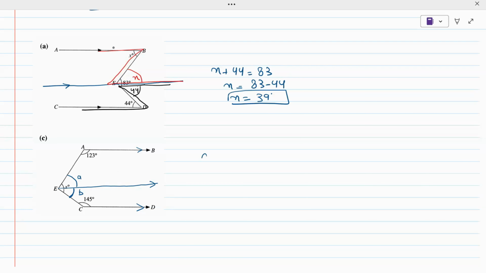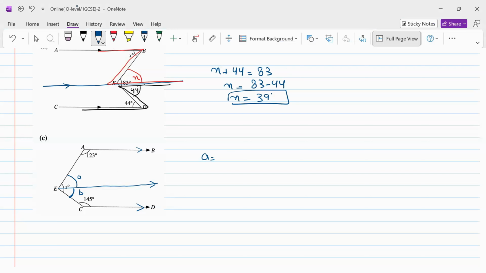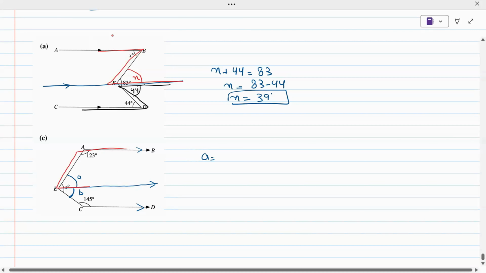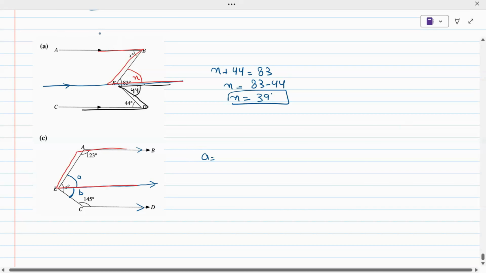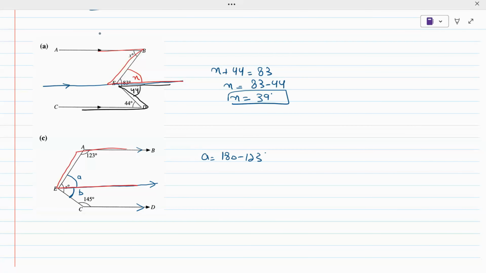If we have to find A first, we can see letter C here. This is the letter C. So A can easily be found with the help of letter C here. And that would be A is equal to 180 minus 123 because these two are interior angles. So A would be 180 minus 123, that's 57.